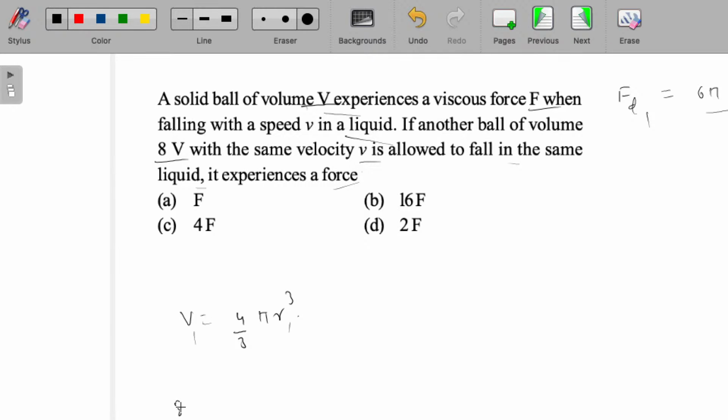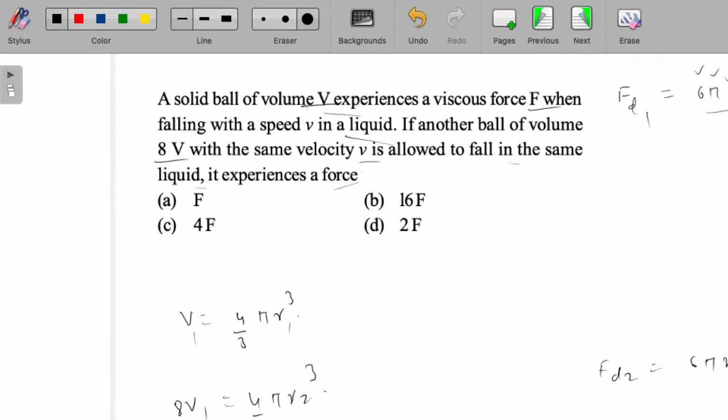Now the second ball has got 8 V1, so its volume is supposed to be 4 by 3 pi R2 cube, right? So corresponding to that, the drag force FD2 is supposed to be 6 pi eta R2 into V. So compare these two forces. You can find that it primarily depends on R1 and R2 because the other values are the same. 6 pi eta V are the same.